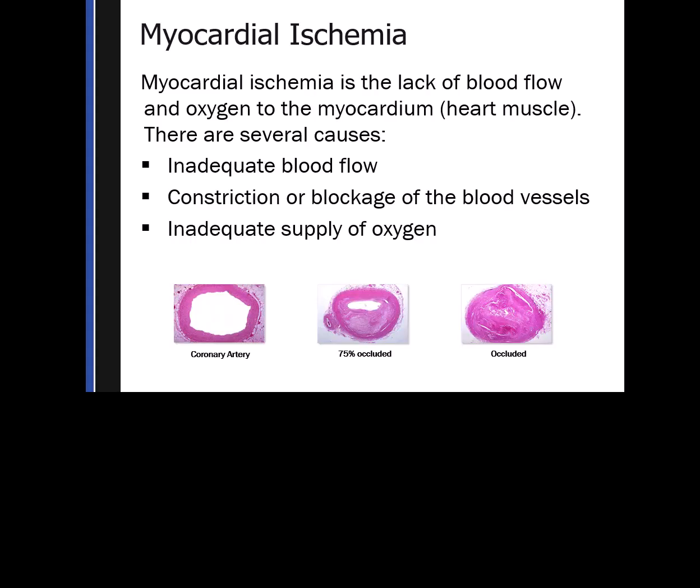So let's talk a little bit about pathophysiology, how things take place. Now remember, we talked about myocardial ischemia, and we also talked about myocardial infarction. With myocardial ischemia, you can save the heart muscle, okay? We can pull back.